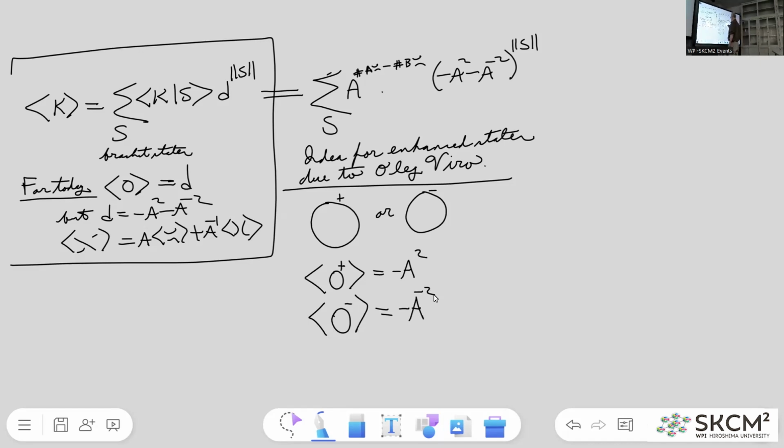And then we sum over the larger collection of states with signs.